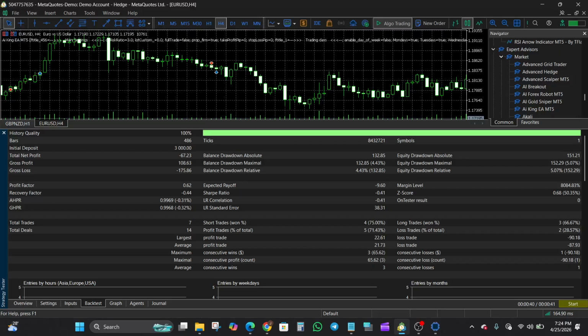But your performance will vary depending on risk settings, lot size, market conditions, and broker execution, among others. And because this EA uses adaptive logic, results can also vary depending on how the system interprets different market phases. As always, I would recommend testing this on a demo account and optimizing settings before using it in a live environment.